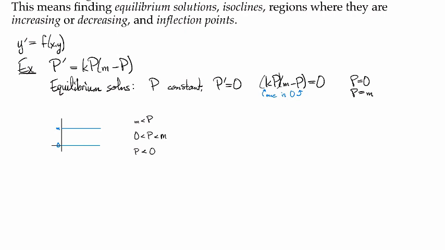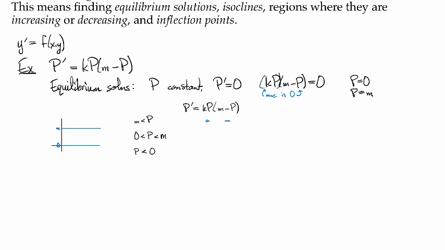Now if I look at my expression for P prime, kP(m - P), let's see what we have in each scenario. If P is bigger than m, the first one, then P is positive, and P being bigger than m means that m - P is going to be negative.